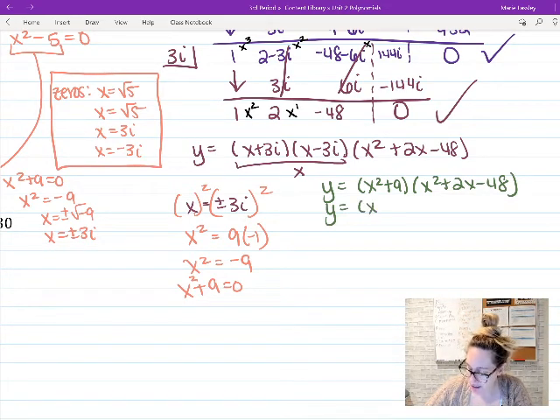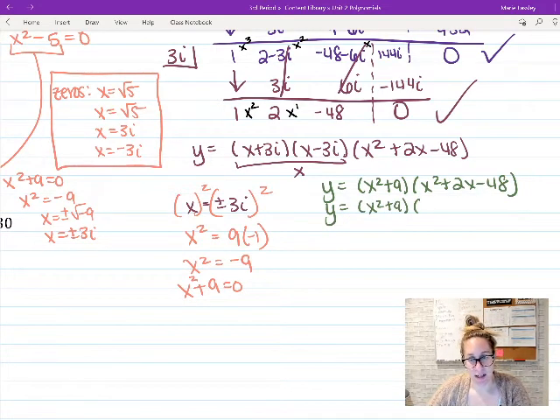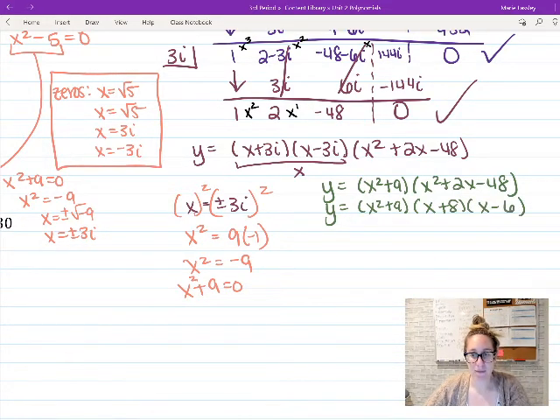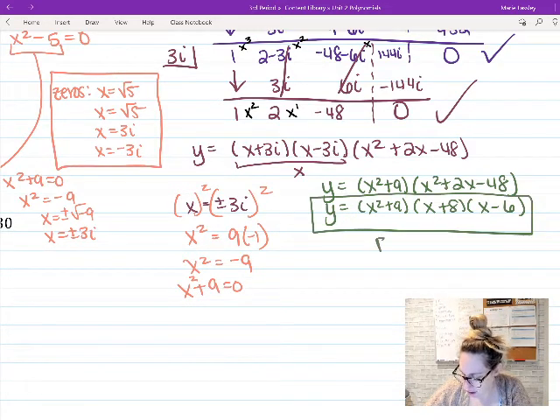I didn't have to use synthetic division. I just factored the x squared plus 2x minus 48, and it's going to give me x plus 8 and then x minus 6. You could go through and do the box if you want, but I just kind of did that one in my head. Okay, so now this is complete factored form.